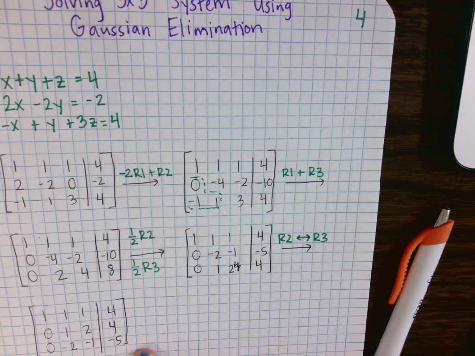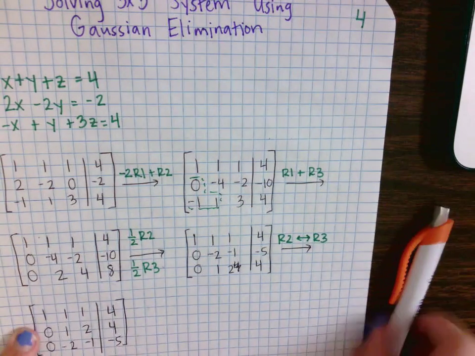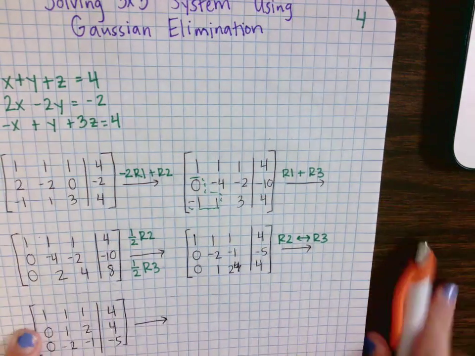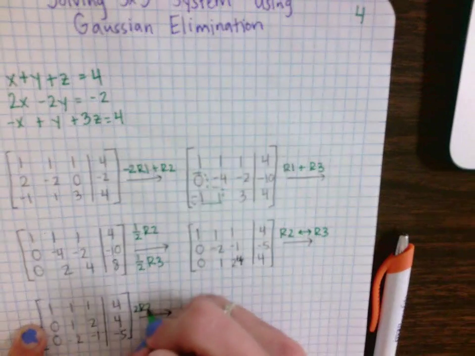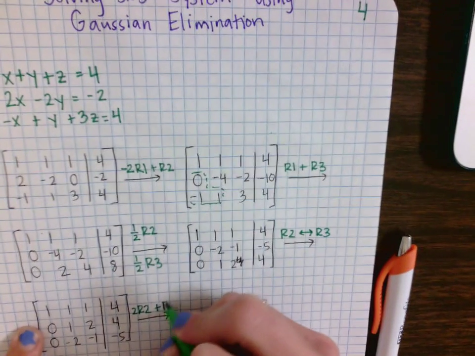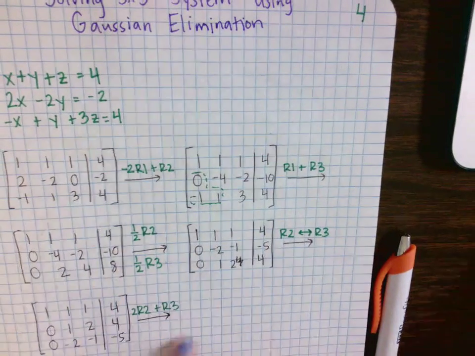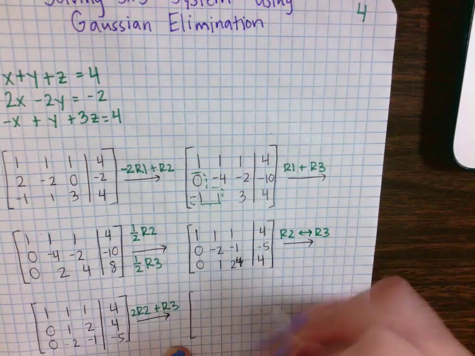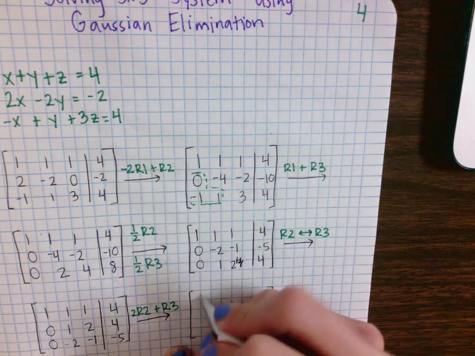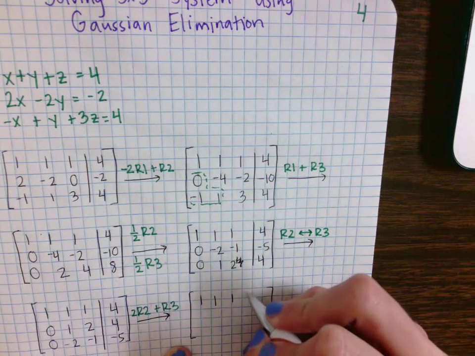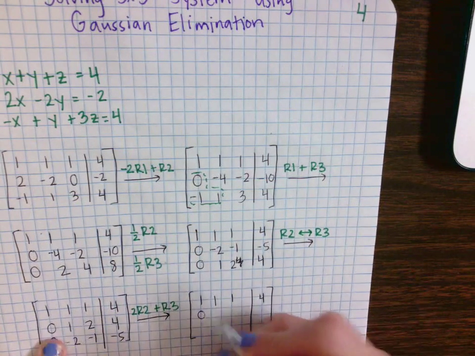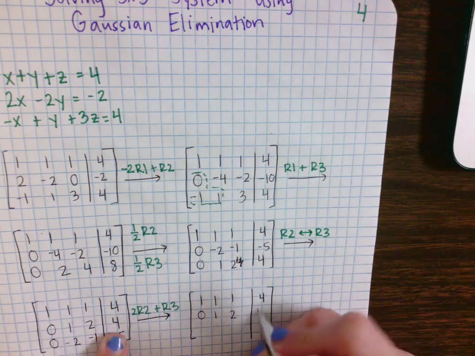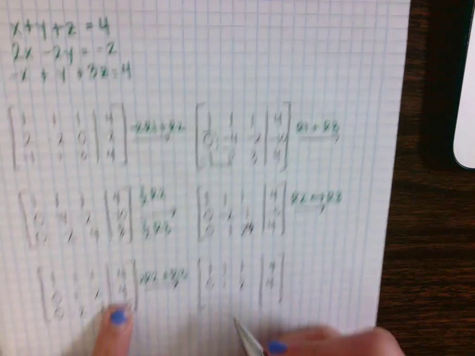Okay, on this next step, you're going to multiply row 2 by 2 and add it to row 3. You leave the first row alone, and you also leave the second row alone, but it helps you fill out this one right here.